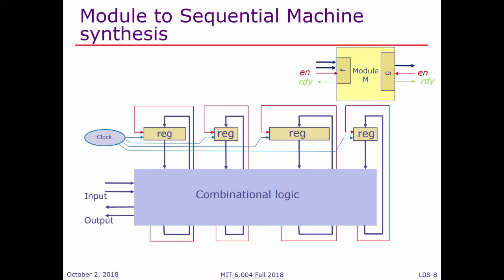What is the connection between this combinational logic and the rules and methods you write? Sequential machines have inputs and outputs. Who defines the inputs and outputs? The interface. The moment I tell you the interface of a module, I already know the input and output wires of this module. So if I can generate this picture, given a module implementation, then we are home.